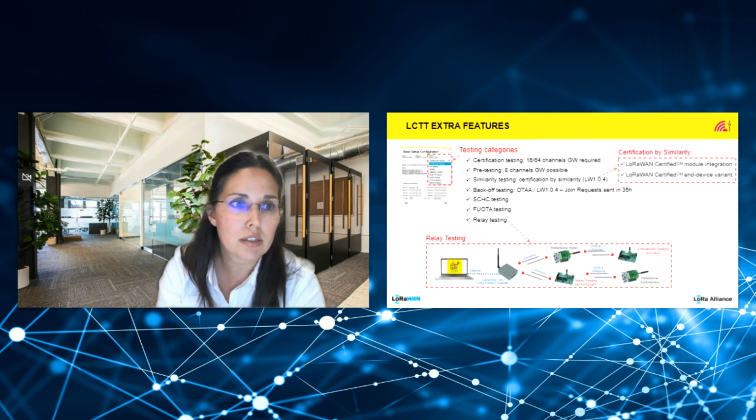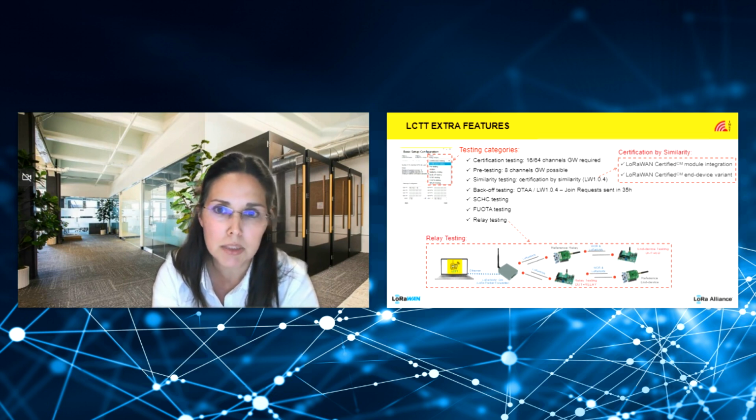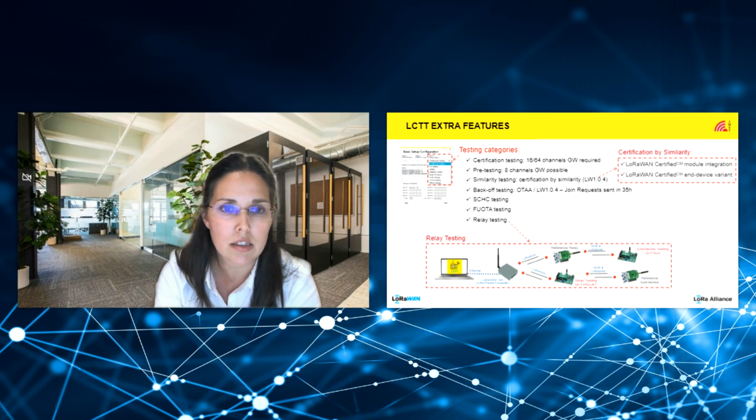Also, the LCTT includes different extra features. So it's not only the certification for class A, B, or C devices, but it is also possible to run the testing for certification by similarity in case LoRaWAN version 1.0.4 is adopted. In this case, the certification by similarity just runs some small testing in order to ensure that the standard communication is working.